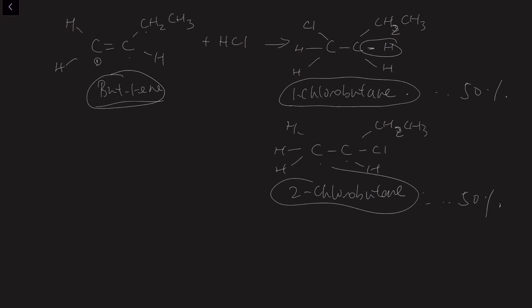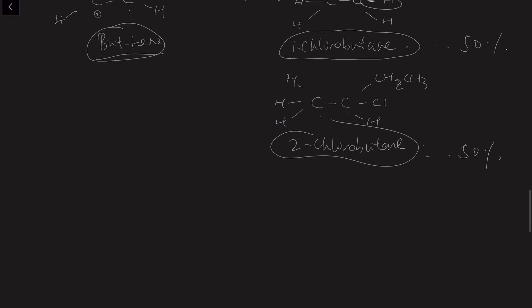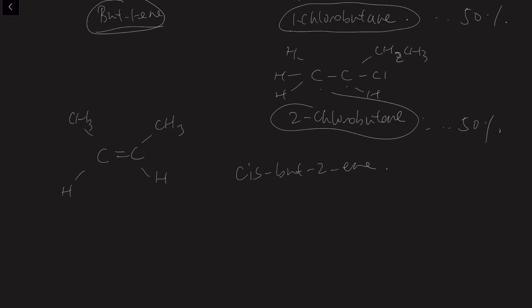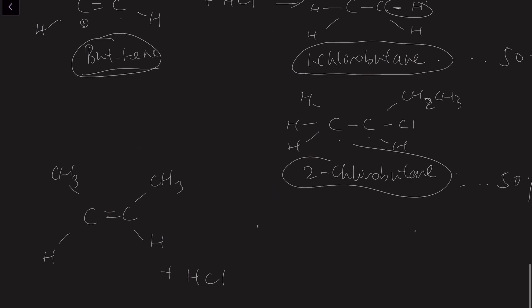But suppose we have this molecule. We now have cis-but-2-ene. And again, we want to add with HCl. So what will be the product? So what will happen is we add the chlorine atom and hydrogen atom on opposite sides, just as we have done before.